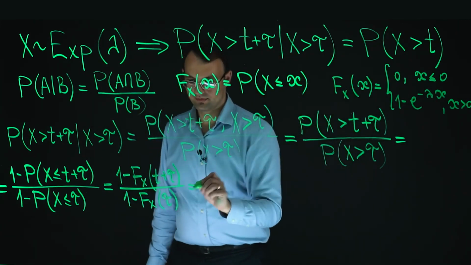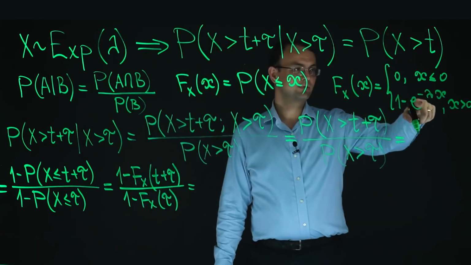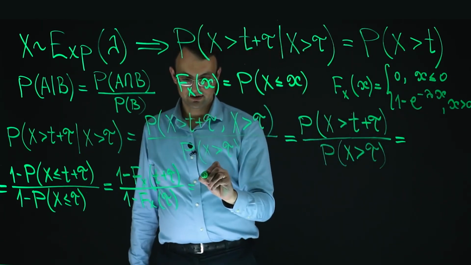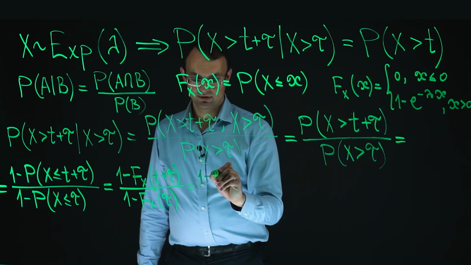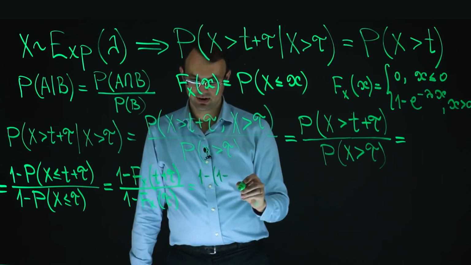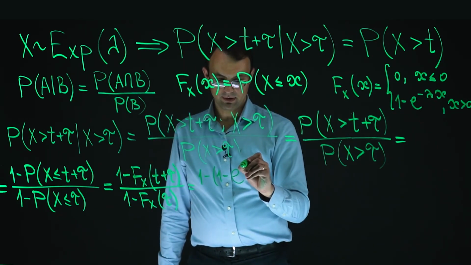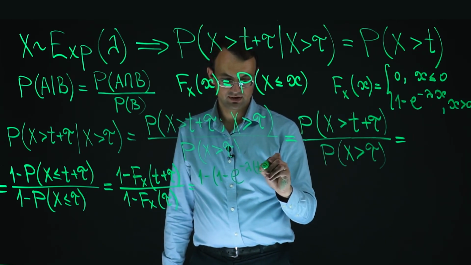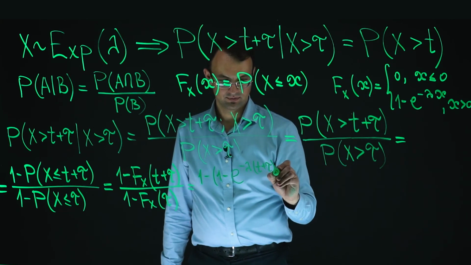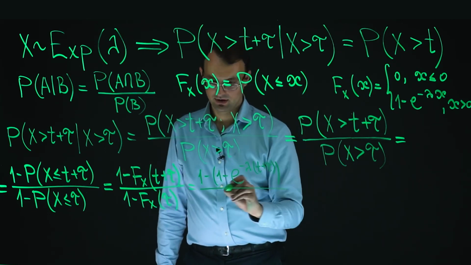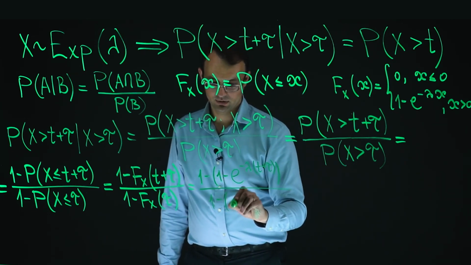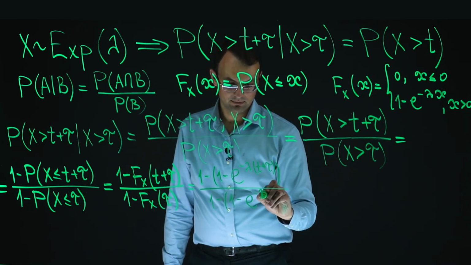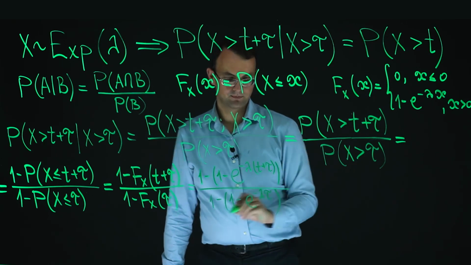So I substitute this formula here for F, and I get 1 minus e to the power of minus lambda times t plus tau, and here 1 minus e to the power of minus lambda times tau.